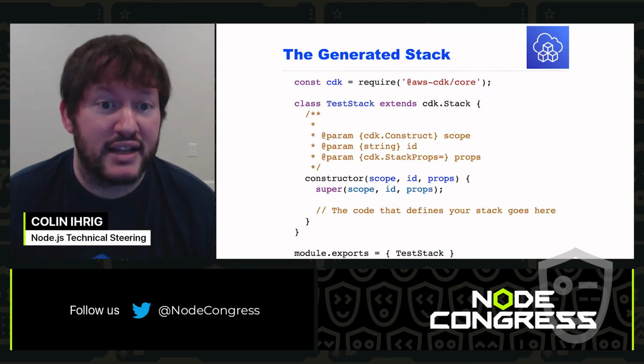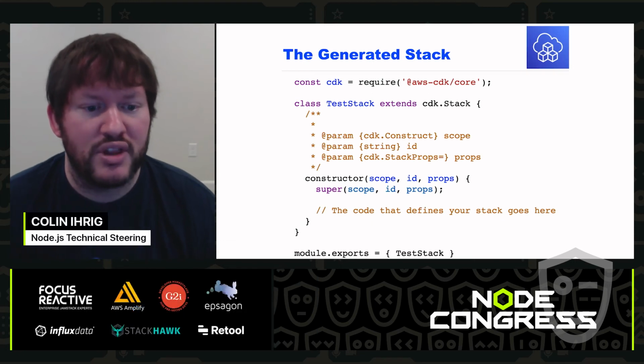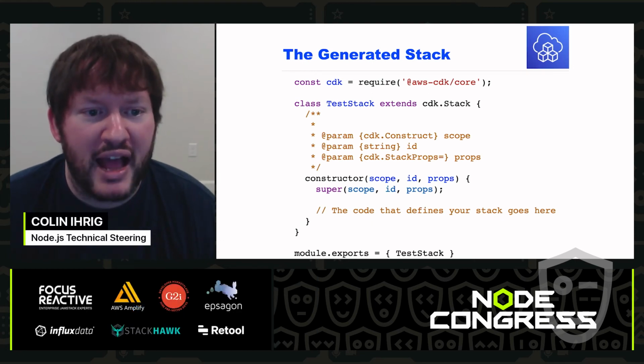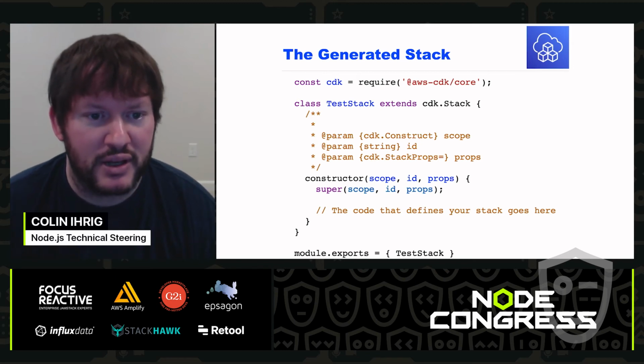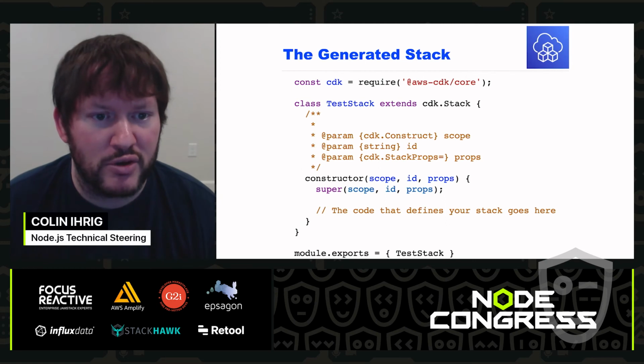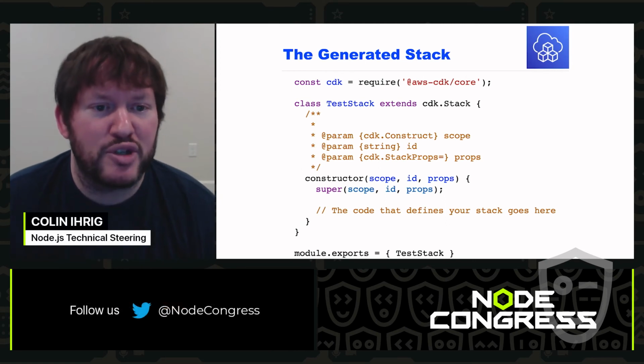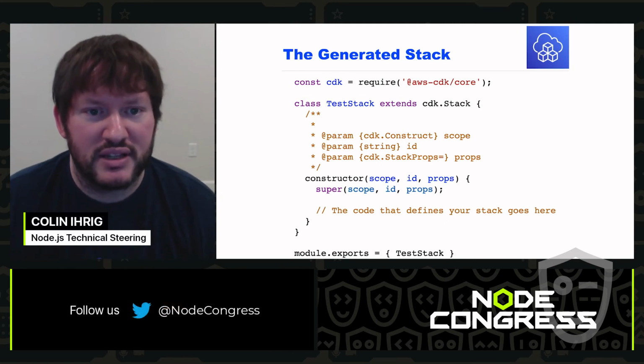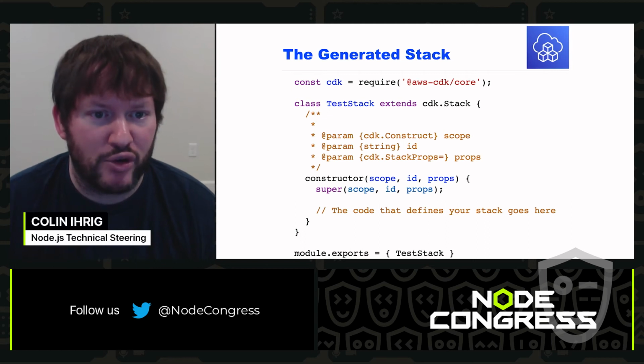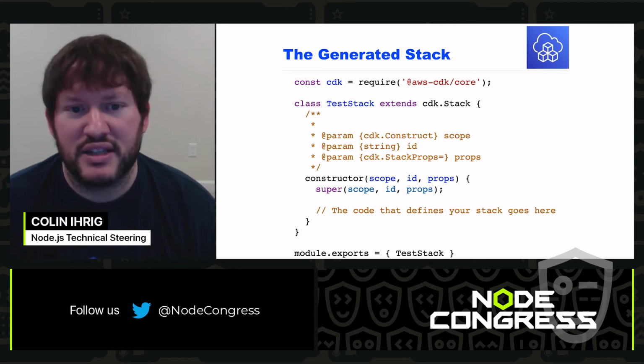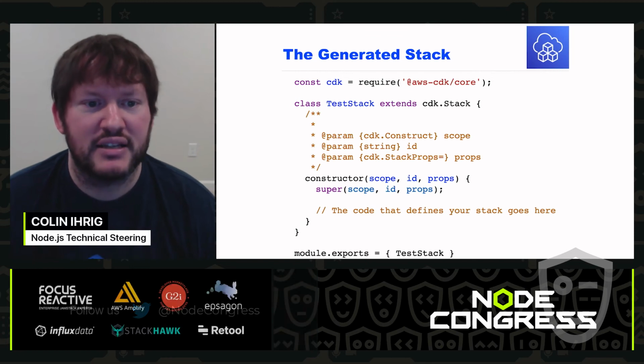So looking at the stack itself, you can see this is the code that was generated. I left in some of the comments and other things that were automatically generated, but in future examples, I'll be removing those to save space. So the first thing that we do is import the CDK itself, and then we create a test stack class, which extends the CDK stack base class.